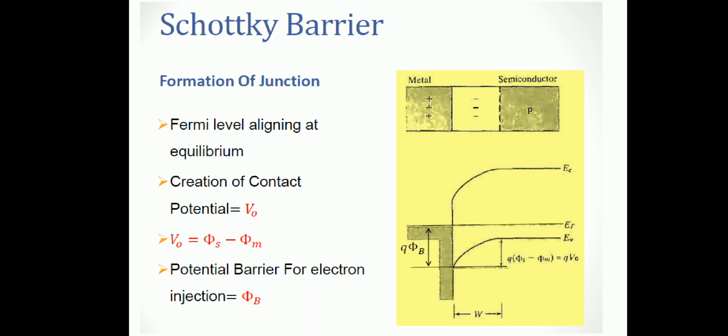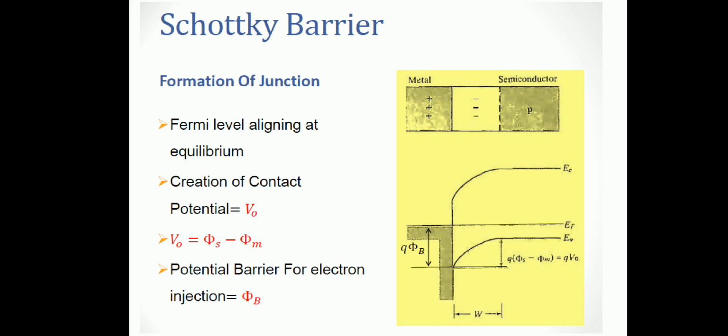The semiconductor near the junction has minority carriers, so it forms a depletion region, which creates an electric field, and due to this field the energy bands EV and EC tilt near the junction.